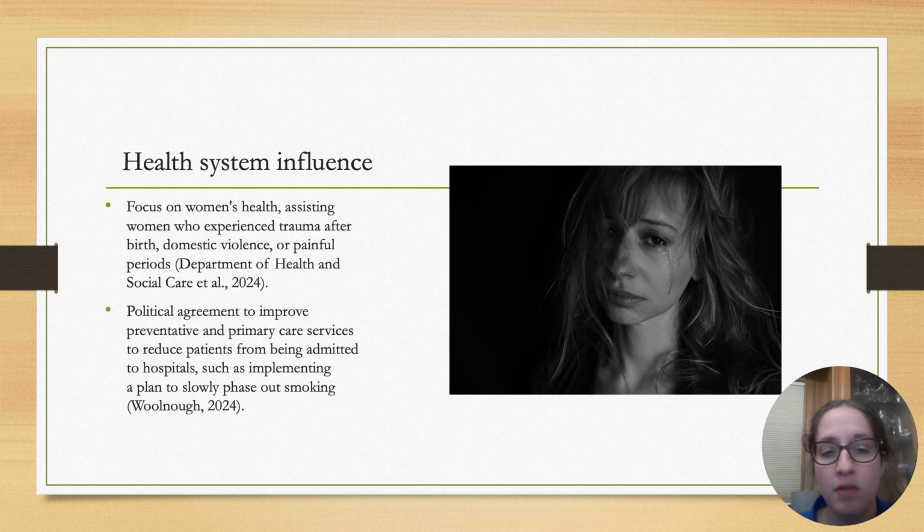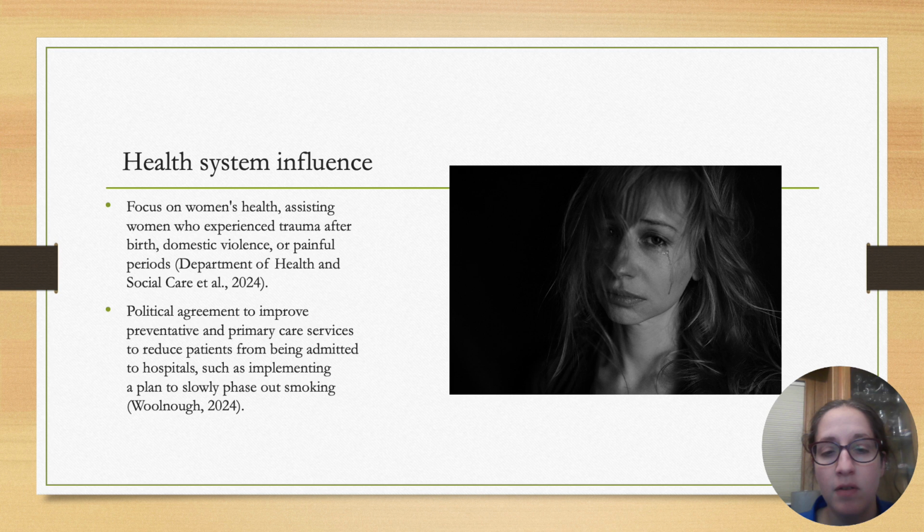So with the health system influence, the Beveridge model focuses on women's health, assisting women who have experienced trauma after birth, domestic violence, to assisting women with painful menstrual periods, according to the Department of Health and Social Care et al. 2024.